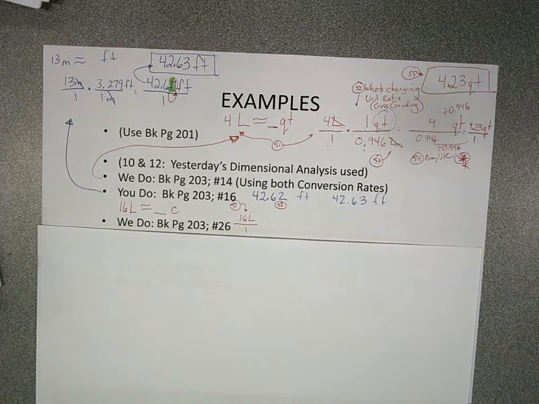Liters to cups. Do we see it? No, we don't see it. It's in the back of the book. Is it in the back? Liters to cups. Yep, it's there.